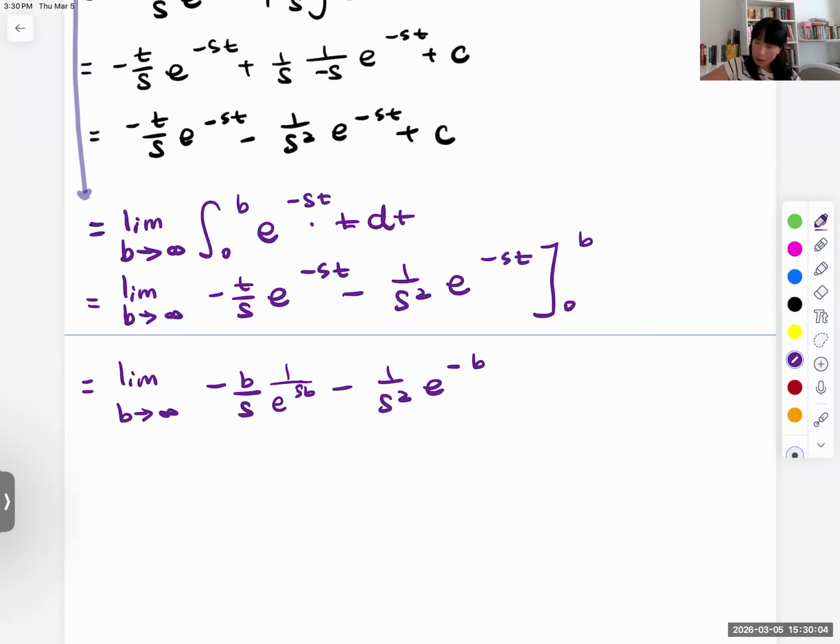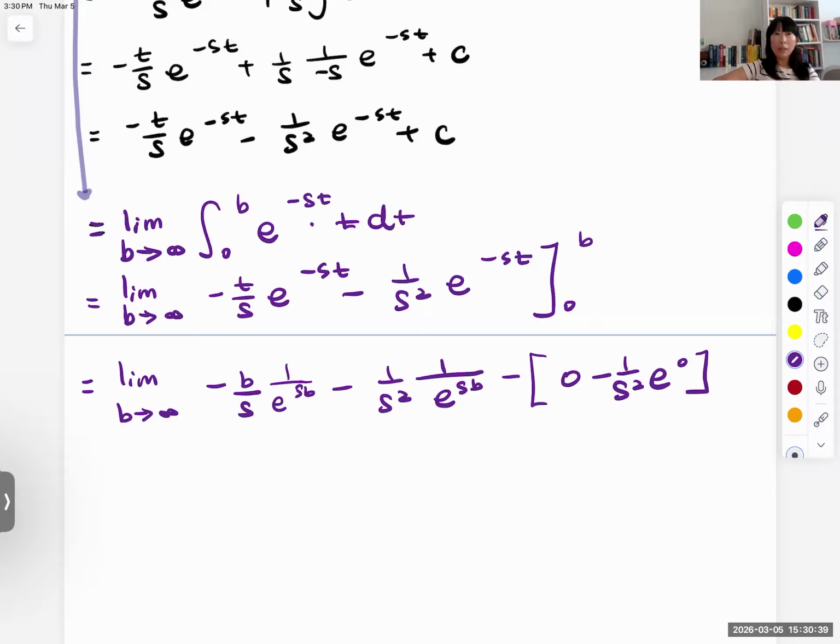So we get 1 over e to the sb as well, and then minus the lower limit, where everything is 0, so 0 minus 1 over s squared e to the 0 power.